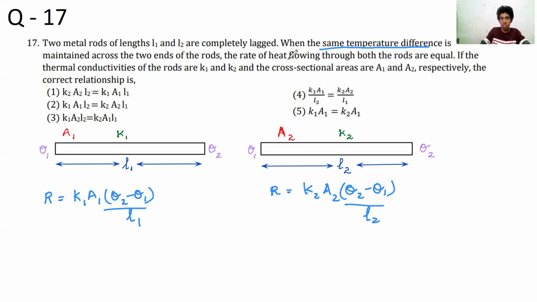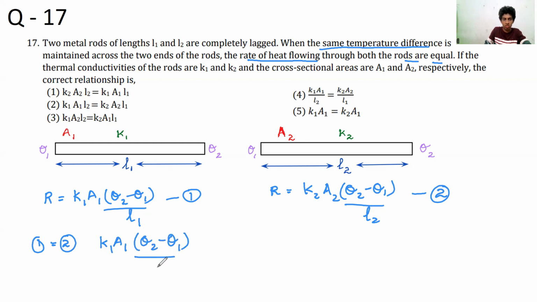So as they have mentioned that the rate of heat flowing through both the rods are equal. So if this is the first one, this is the second one, the first expression is equal to the second expression. Therefore, K1 A1 into θ2 minus θ1 over L1 equals K2 A2 θ2 minus θ1 over L2.